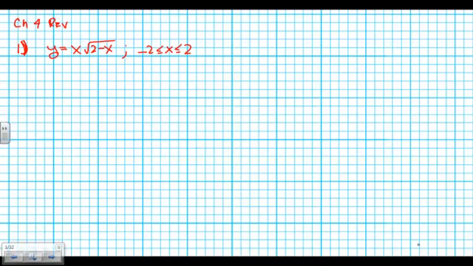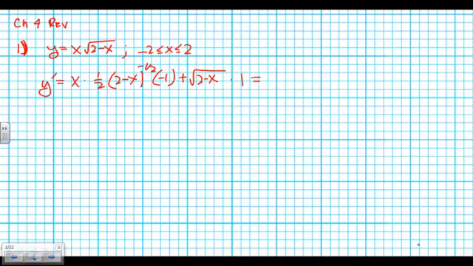All right, so let's start by looking at its derivative. Y prime, we've got a product rule here. First times the derivative of the second, chain rule, plus the second times the derivative of the first.